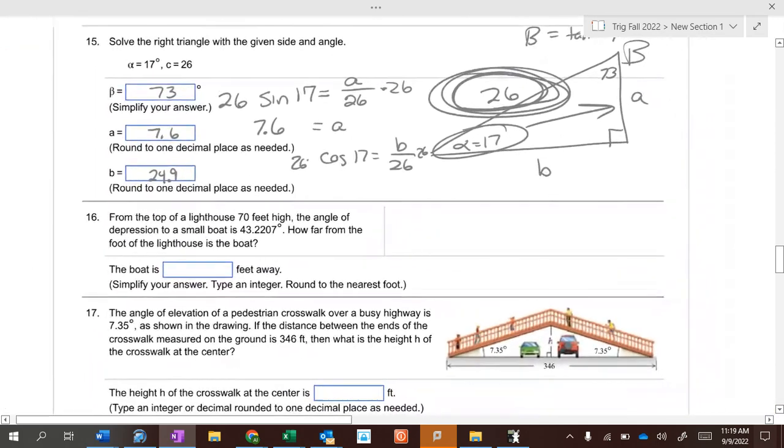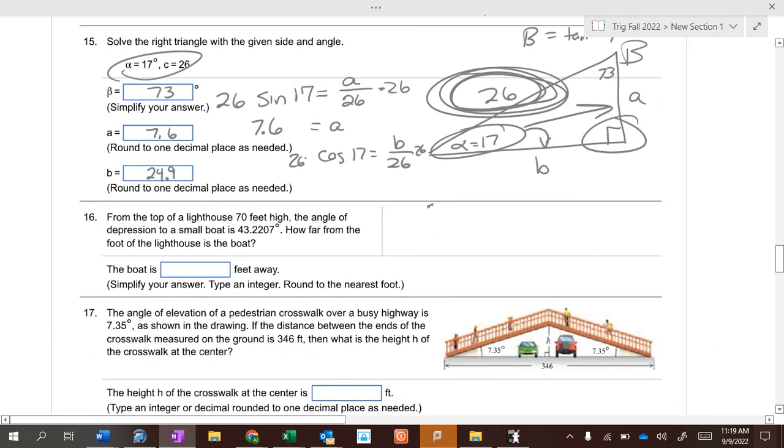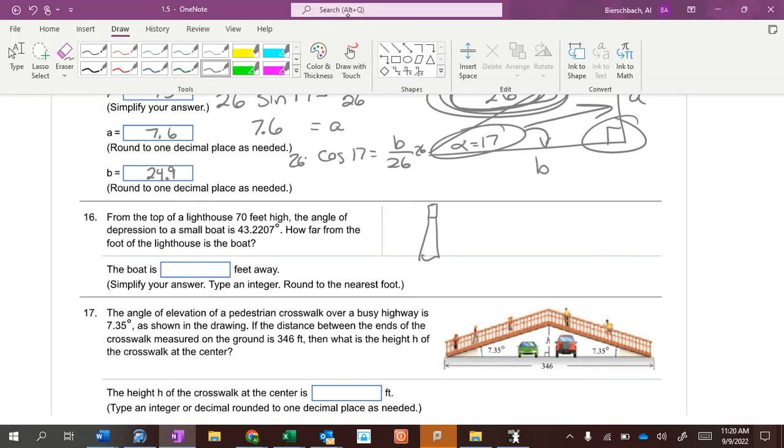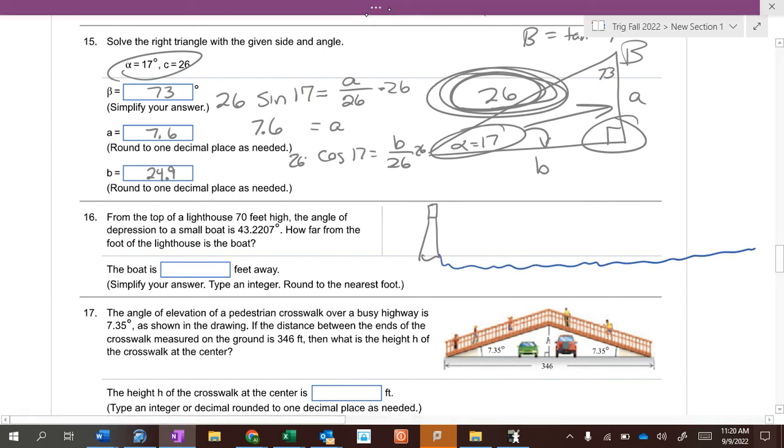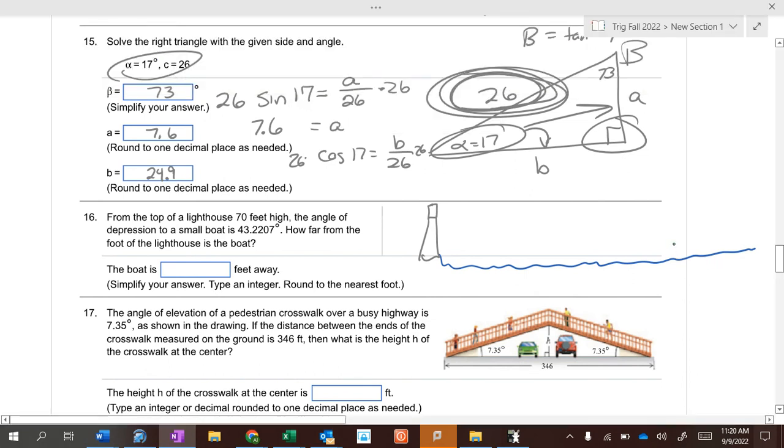Okay, a boat from the top of a lighthouse. Here's a lighthouse on a beach. Well, on a rocky coast, probably. There's some water, and out here a ways, there's a little green boat. Okay?